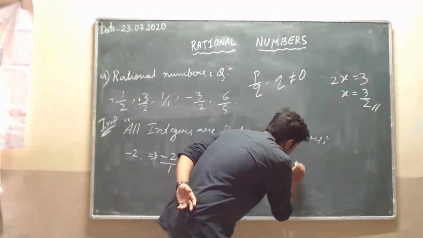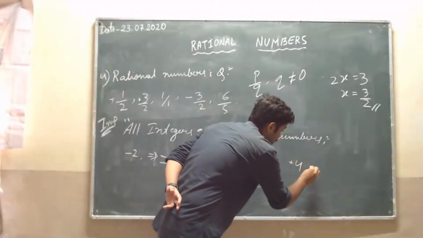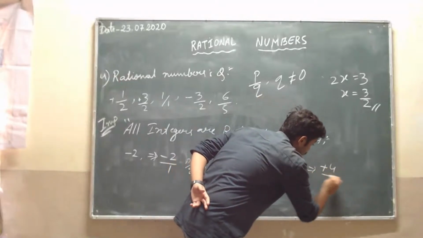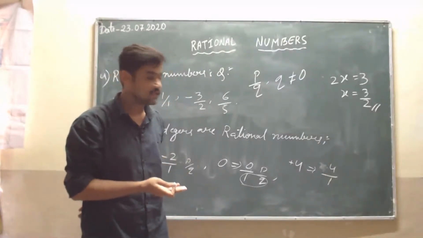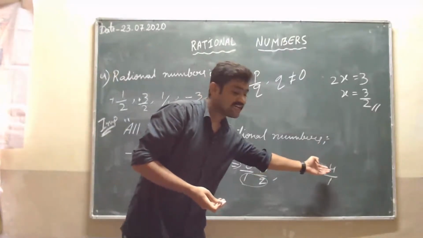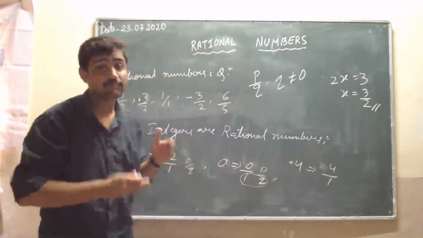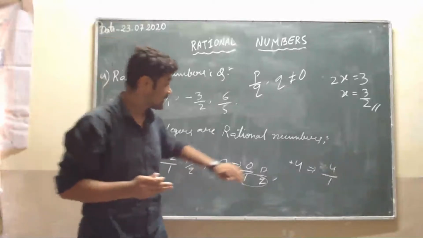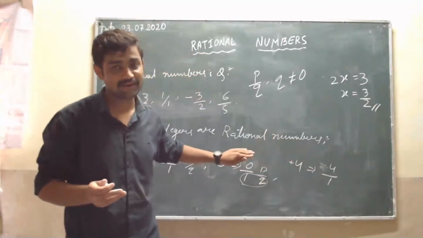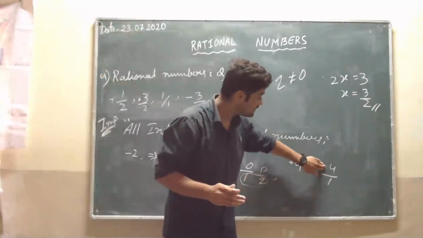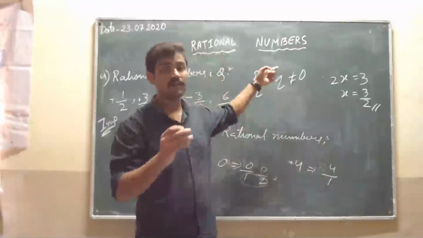One more example we can take. It is 4, that is plus 4. We can write it as plus 4 by 1, otherwise 4 by 1. 4 by 1 means that is also 4. Then we can say that 4 is an integer and 4 by 1 is a rational number. But we cannot say that 4 is a rational number as it is; we have to say that 4 by 1 is a rational number because it should be in the form of p by q.